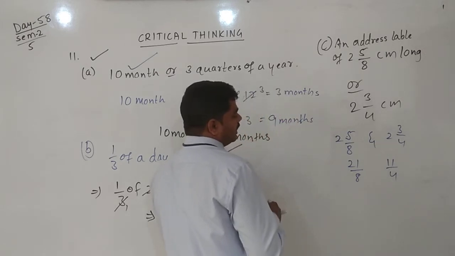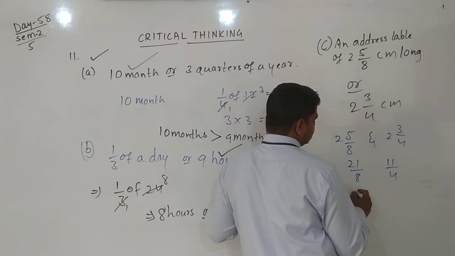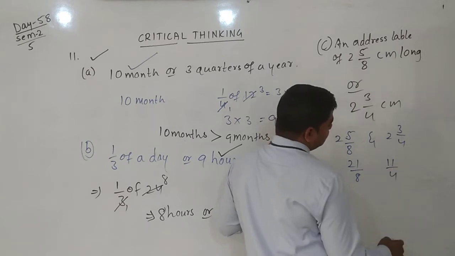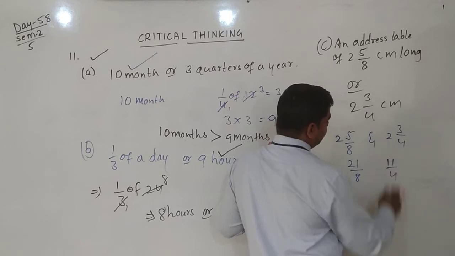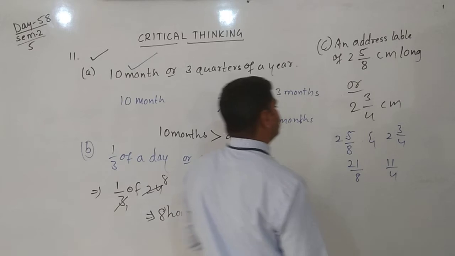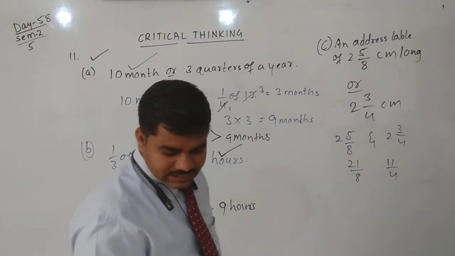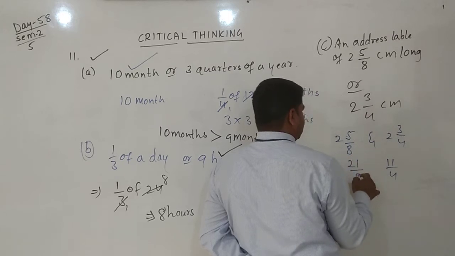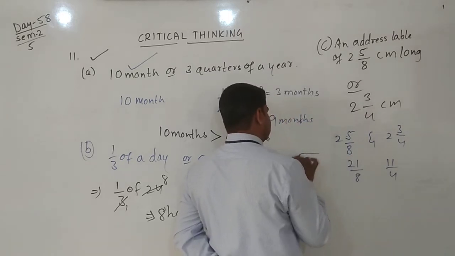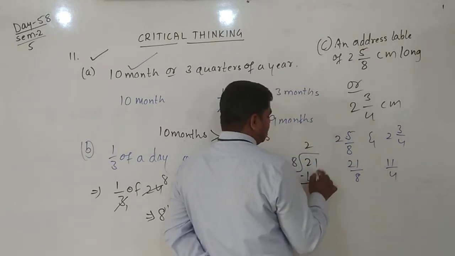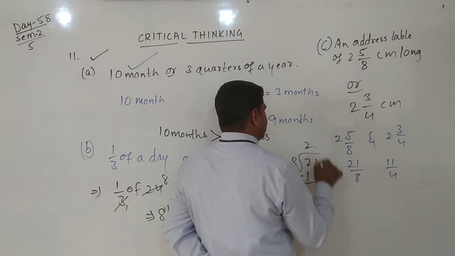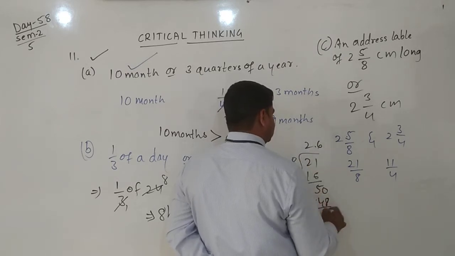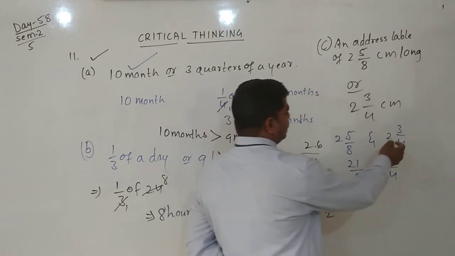We can reduce this one. 21/8: 2 eights are 16, 5 remains, take 0 and decimal, 8 sixes are 48, then 2 remains. So it is nearly 2.6.